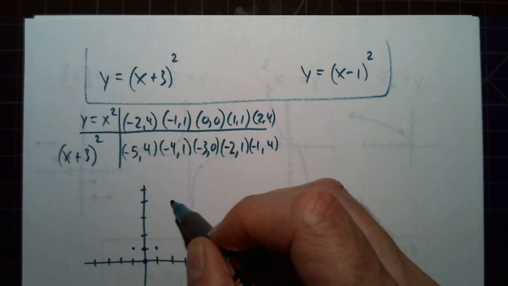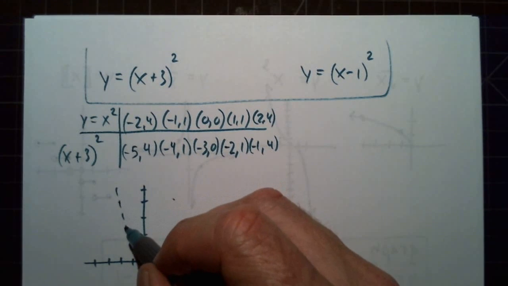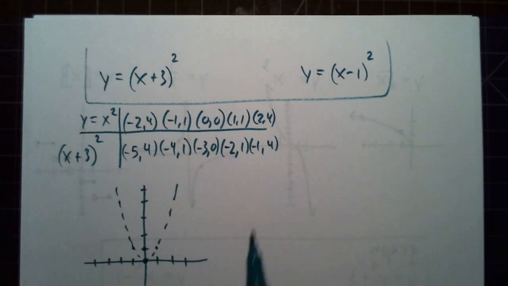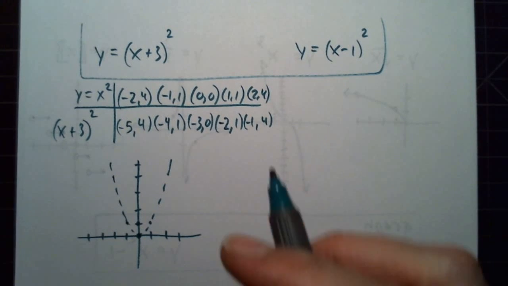One, two, three, four, parent function. And now we just plot these points, and that will be a horizontal translation.